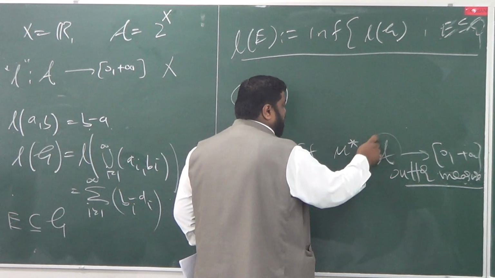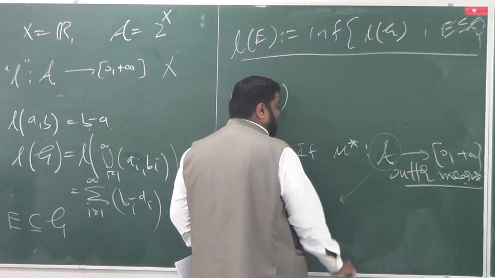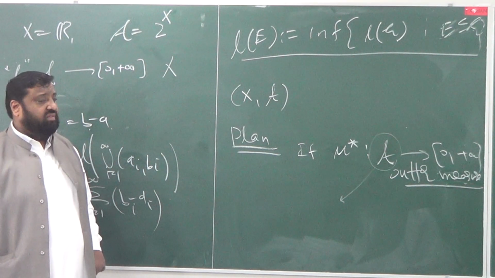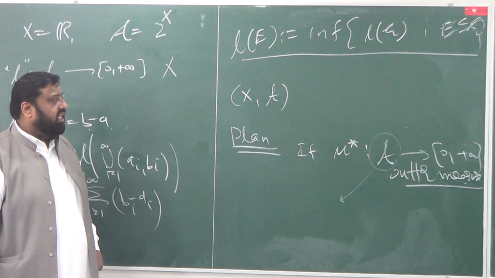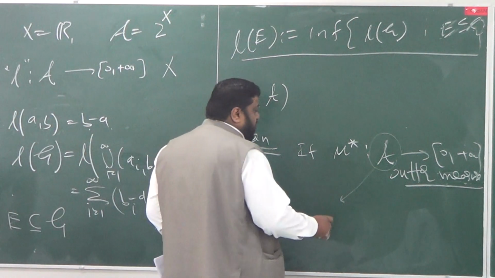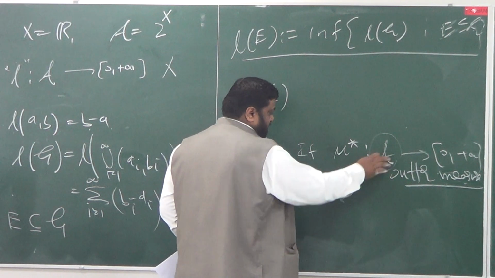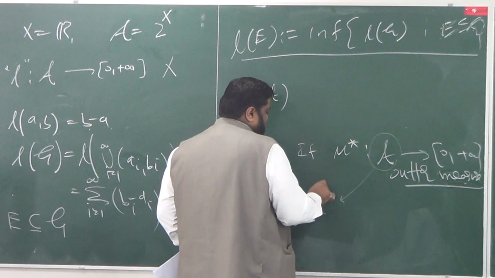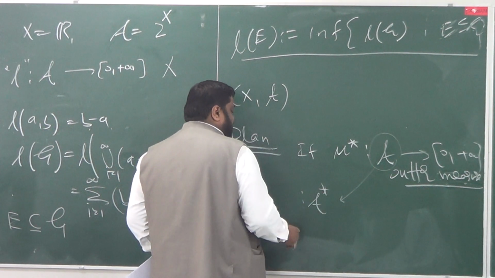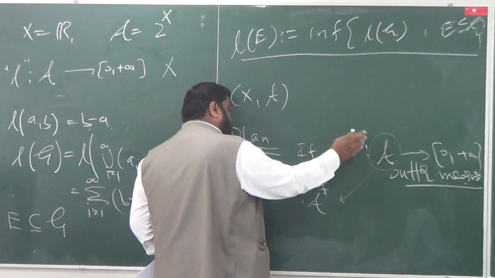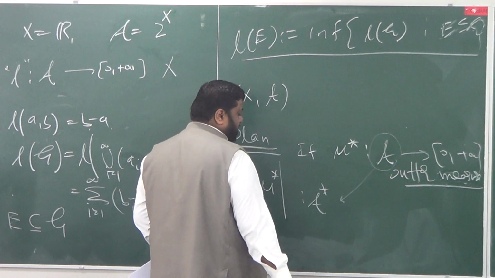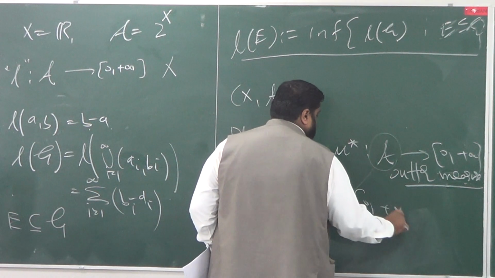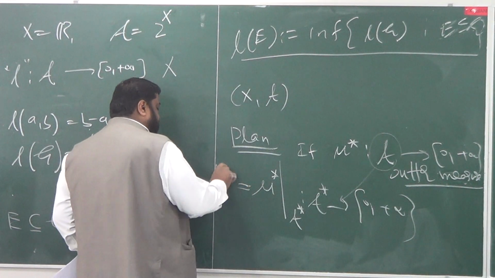We will try to find a suitable subcollection of this algebra, sigma-algebra, whatever collection of subsets of X. Maybe let's call it A star, and restrict this mu star, which is defined on the whole set, onto this A star. And then this restriction becomes a measure.